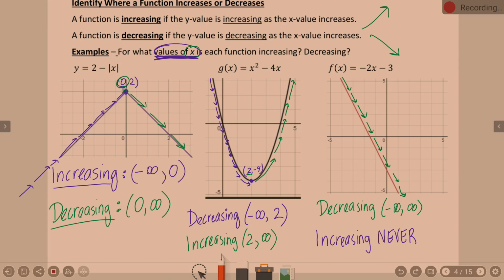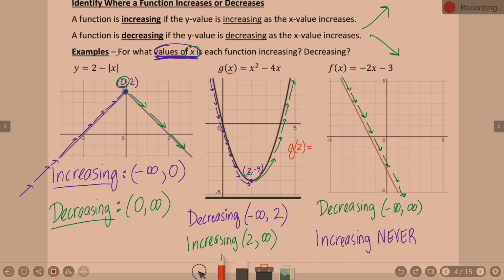Say for this question, one of the pieces they asked you is what is g of 2? Do you know how to answer that question? I think they used f. Okay, they used f. But if they say g of 2, what is that 2 in place of? It's in place of x. So what they're asking is, what is the answer to this equation when 2 is plugged into x?